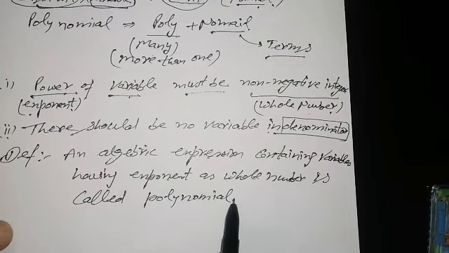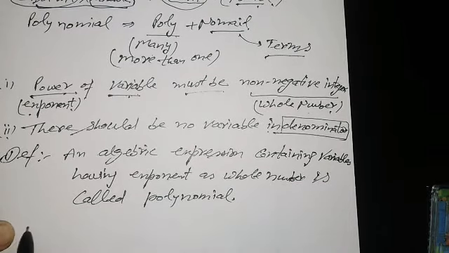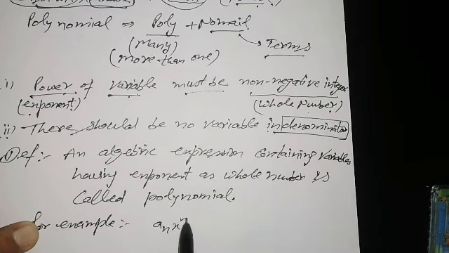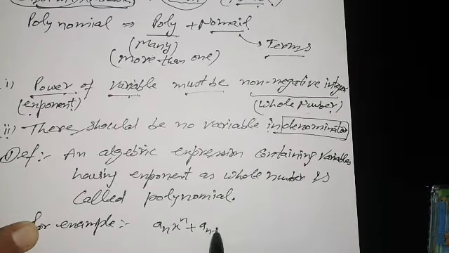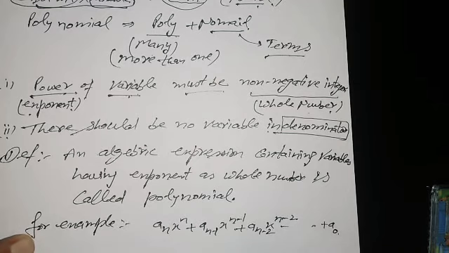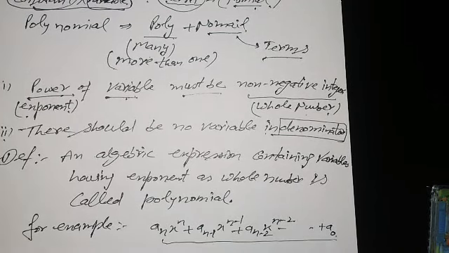For example, a_n x^n, a_(n-1) x^(n-1), a_(n-2) x^(n-2), and so on, and this last term is a naught. This type of algebraic expression can be said to be a polynomial.